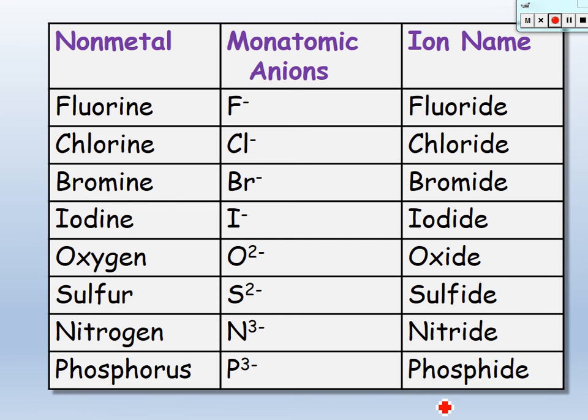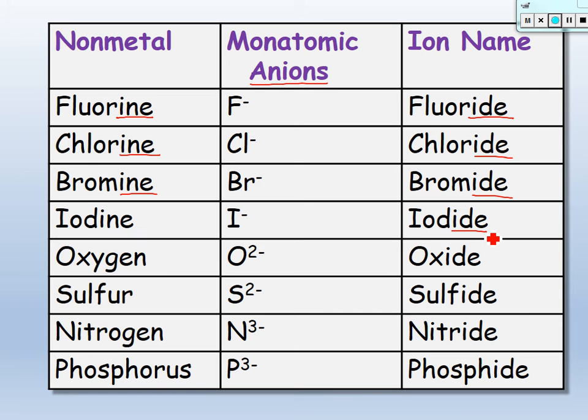But for the nonmetal or the anion, we do change it. The suffix gets changed to what? Instead of fluorine, now what is it called? Fluoride. Okay, instead of chlorine, it's called chloride. Instead of bromine, it's bromide. Iodine gets changed to iodide.